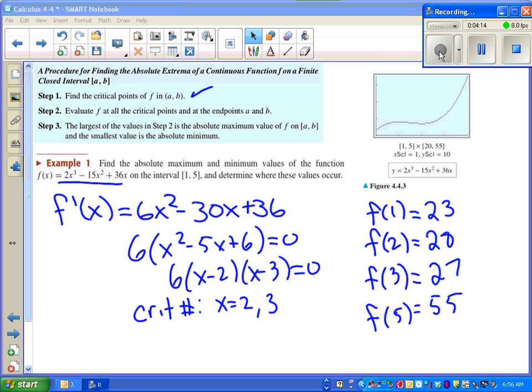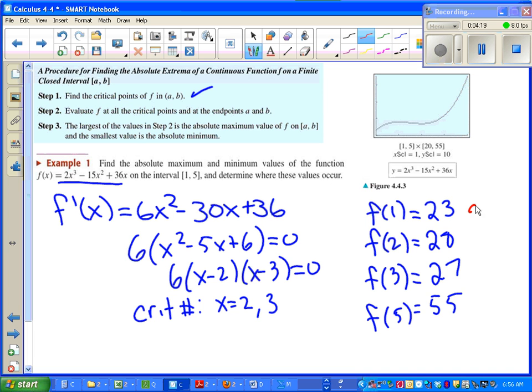Once we plug these in, it's pretty fast to see which point is the absolute minimum. That's the smallest y value. And which point has the absolute max. Turns out in this particular problem, the minimum and the maximum both occur on the endpoints. That's not what the case always is. Up above, you can see a picture of this graph.